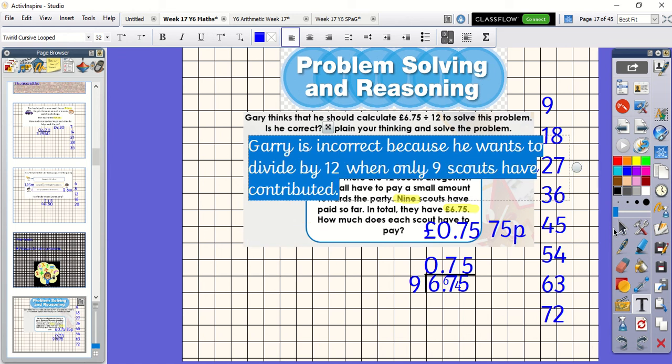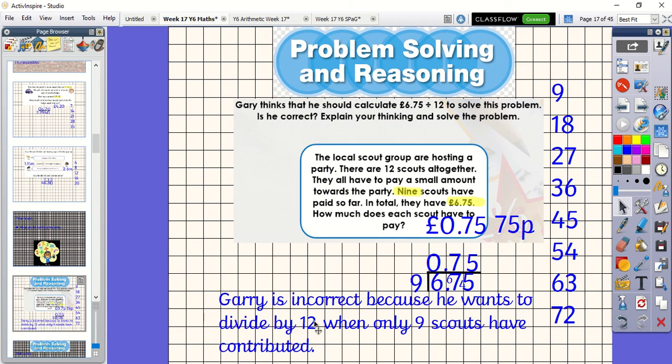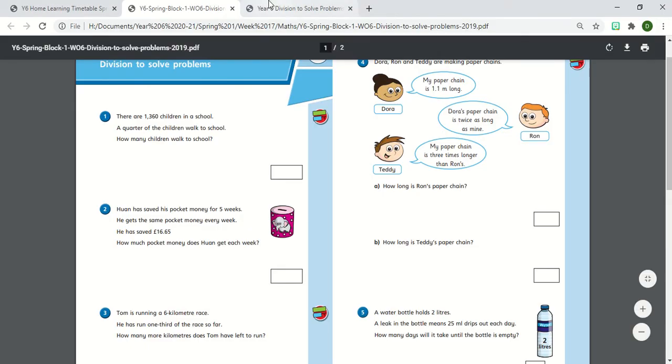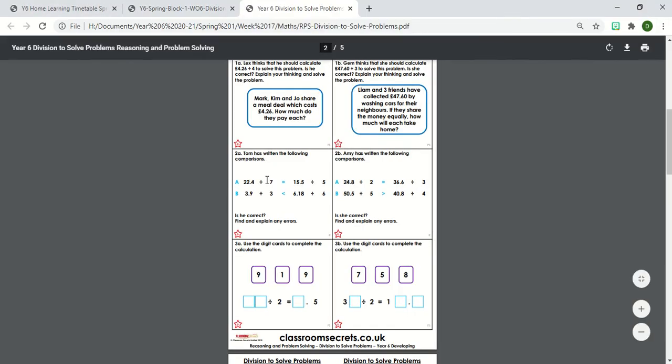There we go. Okay, so it does say to explain your thinking and solve your problem. So I've explained my thinking, I've solved the problem, and I found the correct answer. Okay then, so your problem solving and reasoning work today is very similar to the ones that you have already been doing. You've got a couple of those questions that we've just gone through.